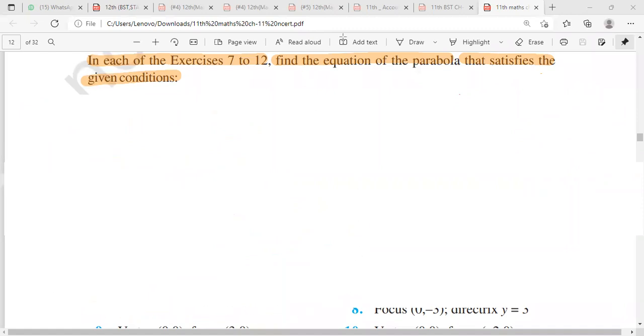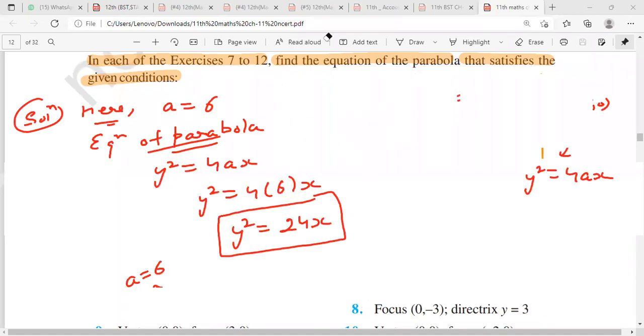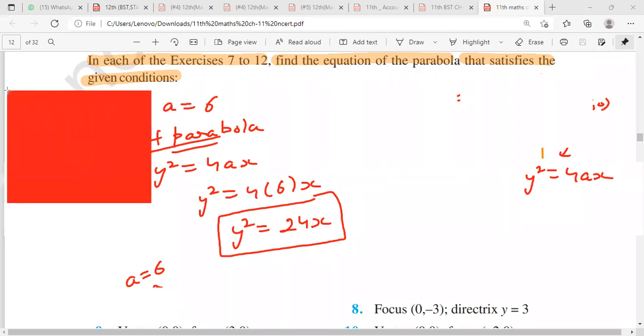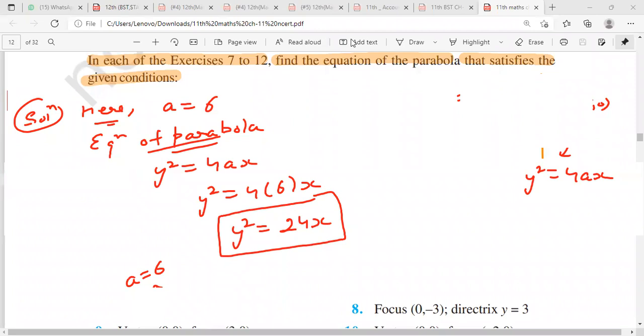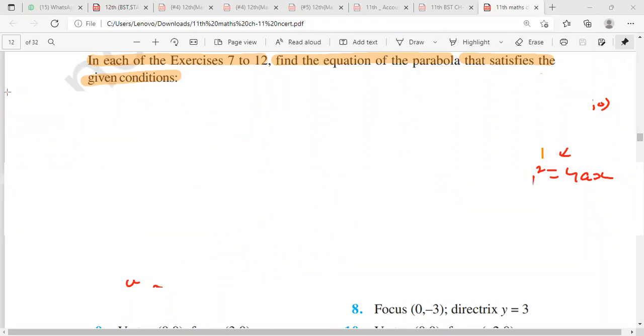Question number 8 is, according to question number 8, focus is 0, -3.